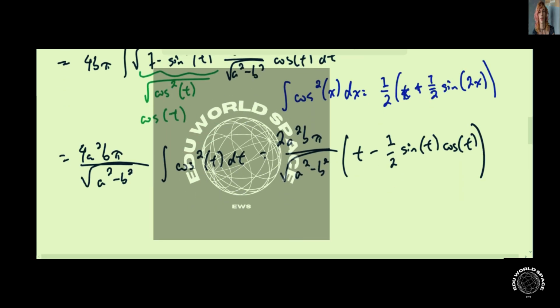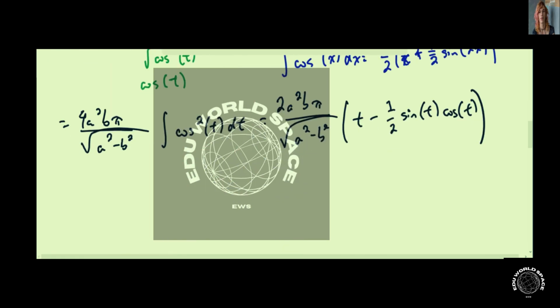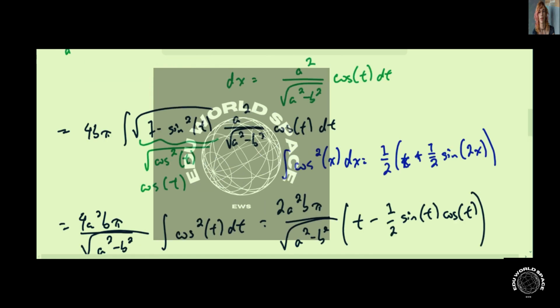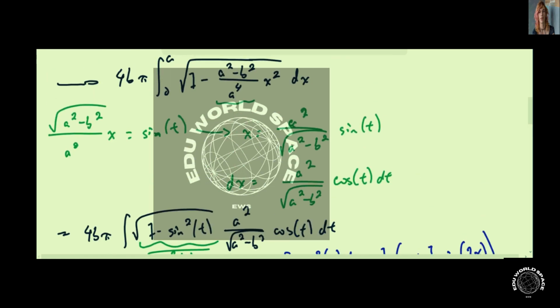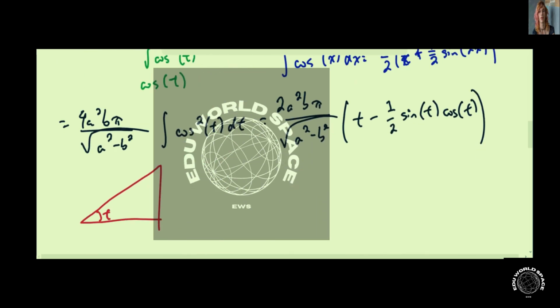Now, in order to go back to x, in this case, we're going to draw a right triangle. So there's our angle t. Now what we did is we said that the sine of t is equal to x times the root over a squared, which means that the hypotenuse has to be a squared, and the opposite side is going to be x root of a squared minus b squared.